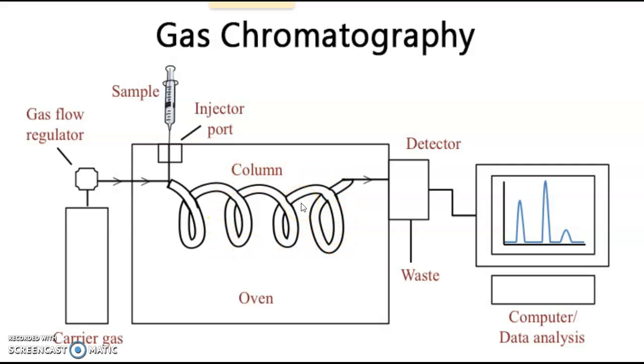A particular temperature is maintained in the oven. This is the detector. And this is the waste, where impurities can be ejected or removed through this channel, and this detector is connected to a computer or a data analyzer, which analyzes in the form of a peak or a graph. So this is the apparatus setup of gas chromatography.